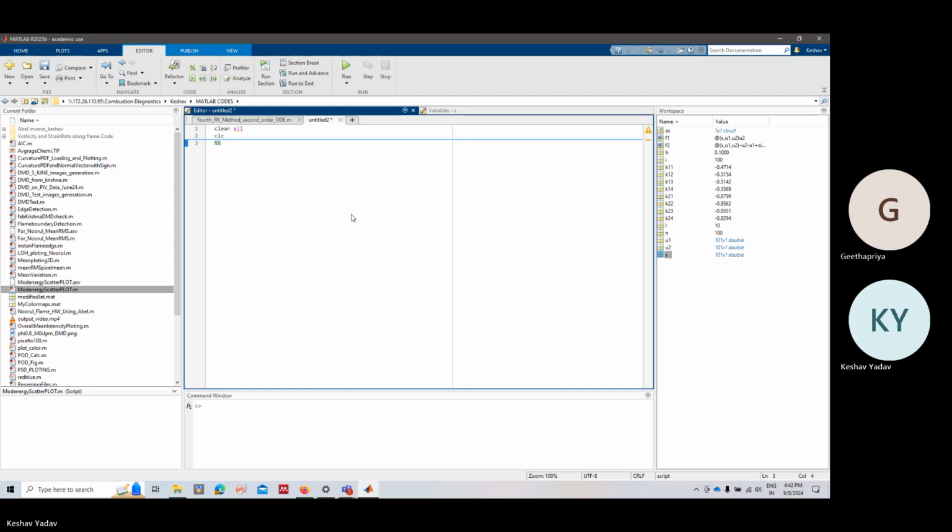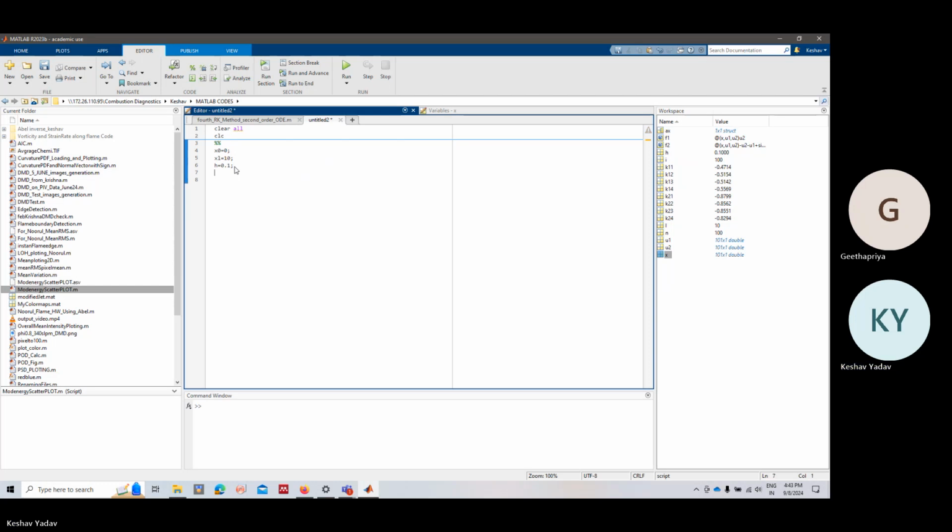My initial value x0 is 0 and xL is 10. From 0 to 10, I need to do that. Now I need to take the step size h equal to 0.01. Now I am considering h equal to 0.1. Once we make the program, I will change h to 0.01.